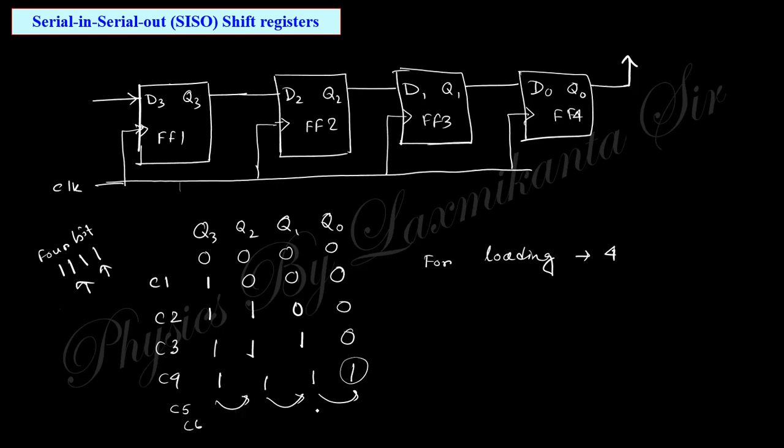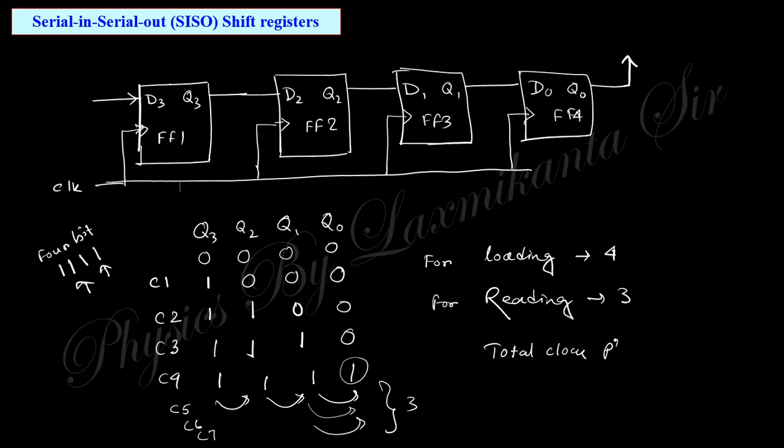For next clock pulse, this is actually given here. So another 3 clock pulses you require for reading. So for reading, your clock pulse required is 3. So finally you can say total clock pulse required is 7, right?